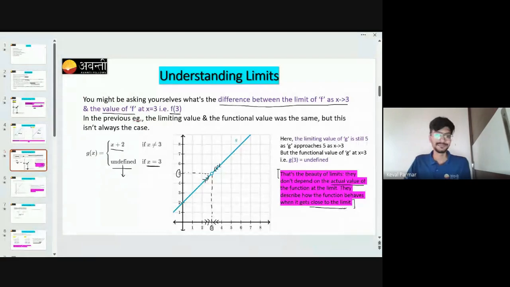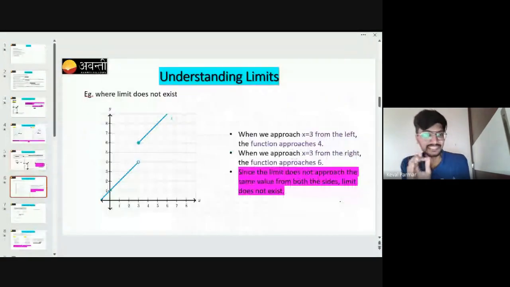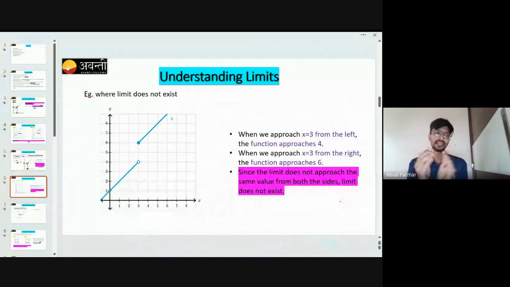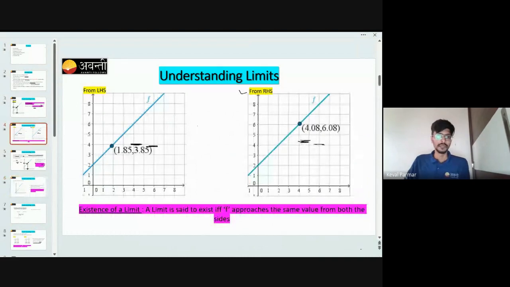So let's move ahead. Now, here is an example where the limit does not exist. When will a limit not exist? A limit will not exist when the values approached from left and right are different, as we have understood about the existence of a limit. A limit will exist only when the value it approaches is the same.